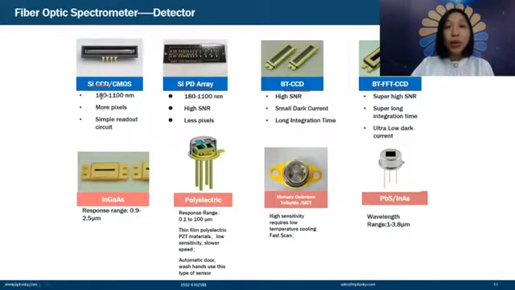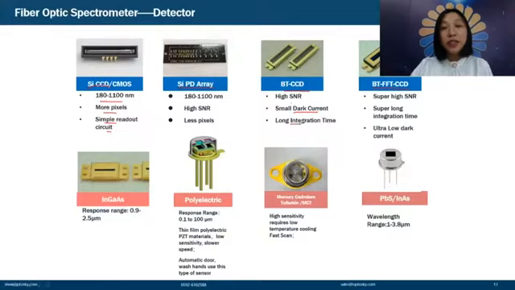For example, we can see the silicon can cover the range from 180 to 1100. It has more pixels and the readout circuit is very simple. For PD, we also have 180 to 1100 nanometers, but the signal to noise ratio is a bit higher, and it has fewer pixels. And BT has a higher signal to noise ratio and smaller dark current.